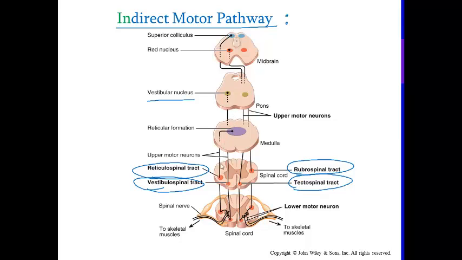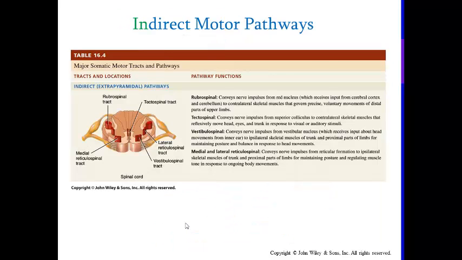So they all come together and interact with the lower motor neurons to innervate the skeletal muscles. So over here you can see the indirect motor pathway, okay, and a more summarization.